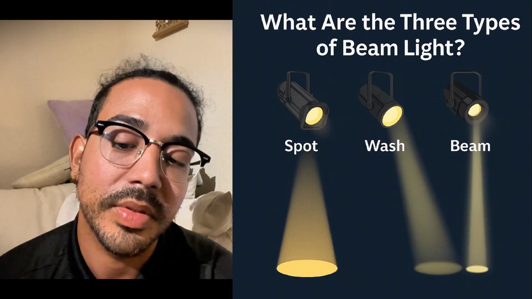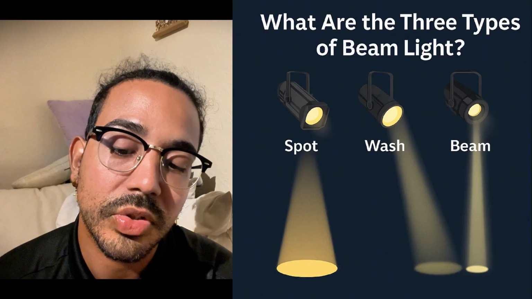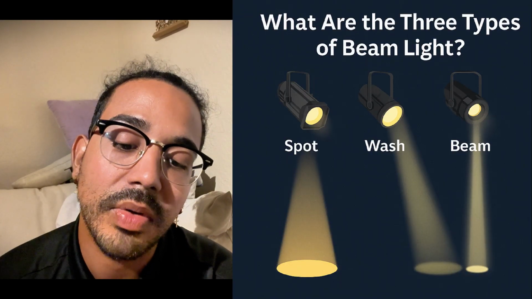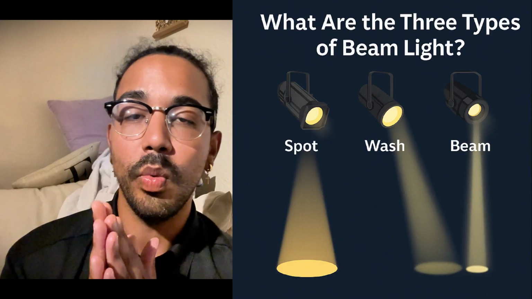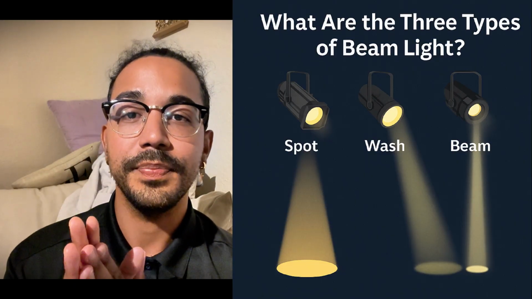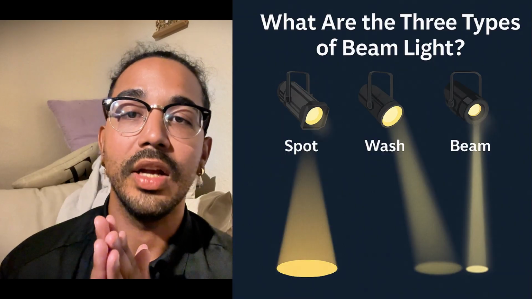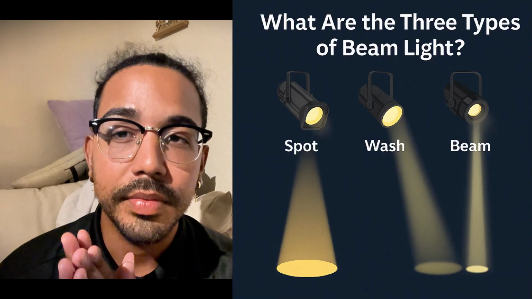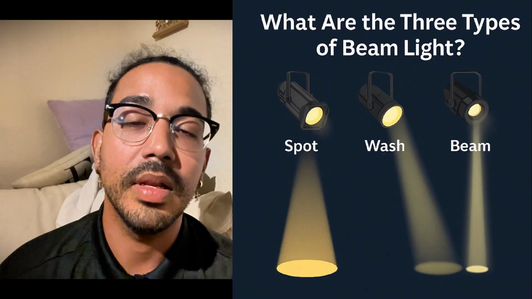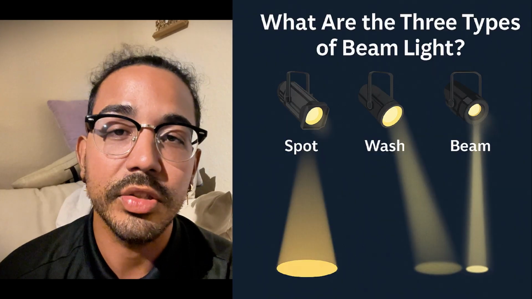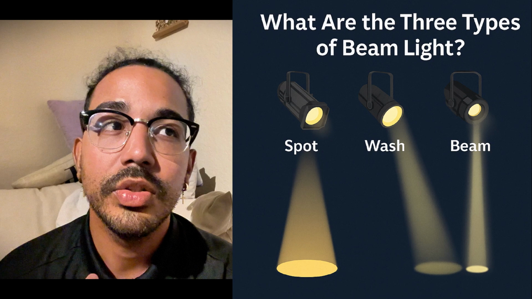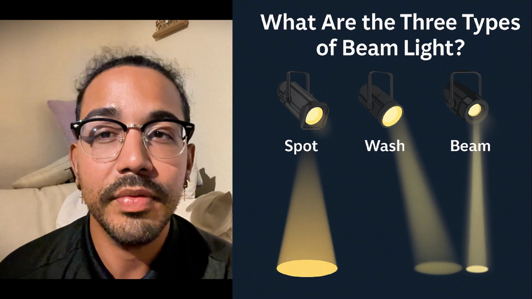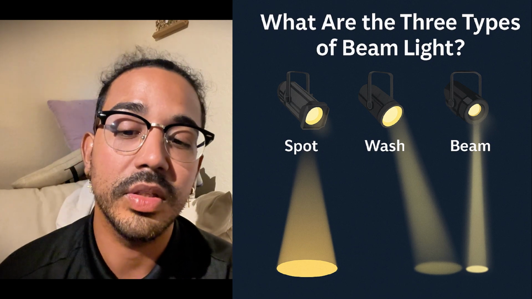So it can go from a spot like this, with a super sharp edge, into a wash light. That's why many people want to go with a wash light or a Leko. Lighting people call it a Leko, but the real name is ellipsoidal, so you can do both with them. But if you don't need to do both, you can just go with a simple wash light.